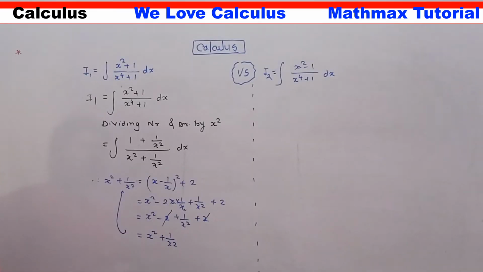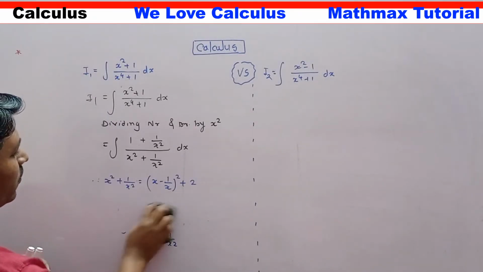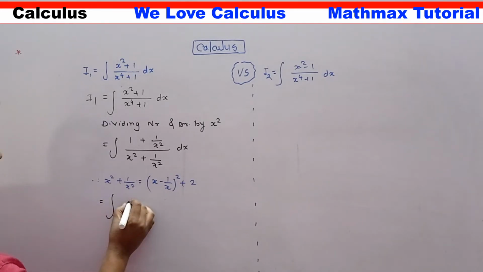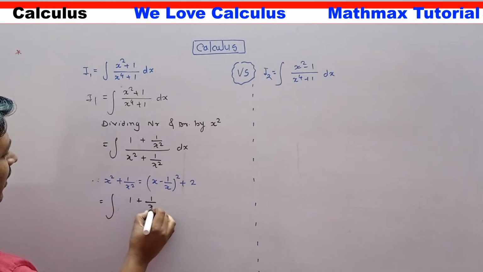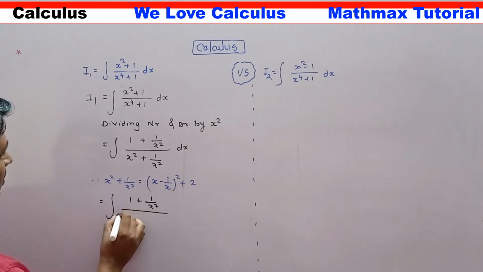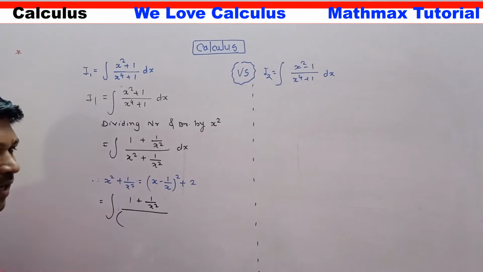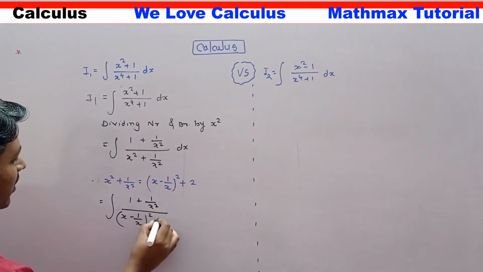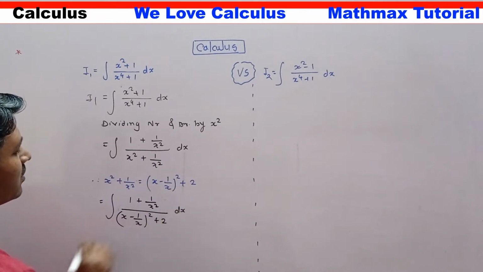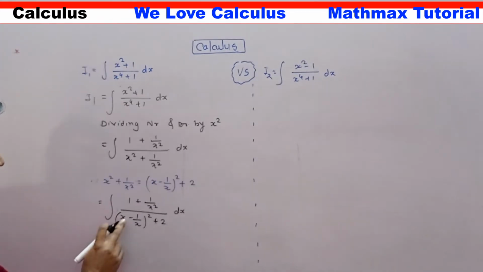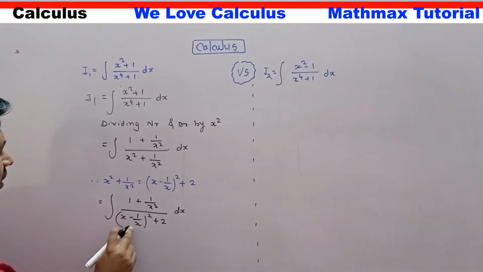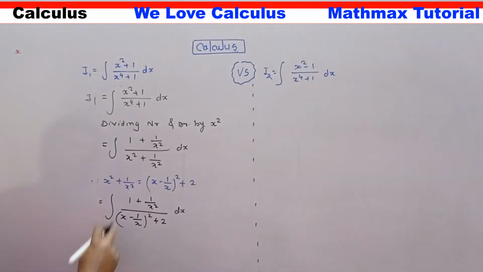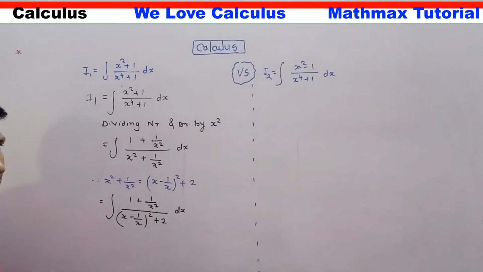Then this integral we can write as the integral of (1 plus 1 by x square), replacing x square plus 1 by x square with (x minus 1 by x) whole square plus 2, dx. Now we observe that x minus 1 upon x is the function, and its derivative is present in the numerator, 1 plus 1 upon x square.